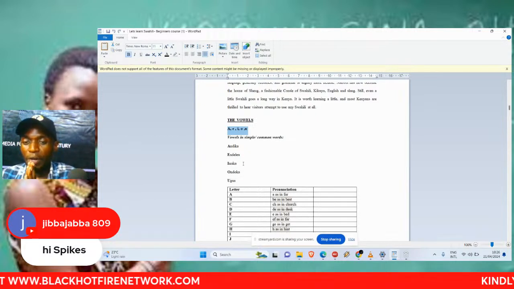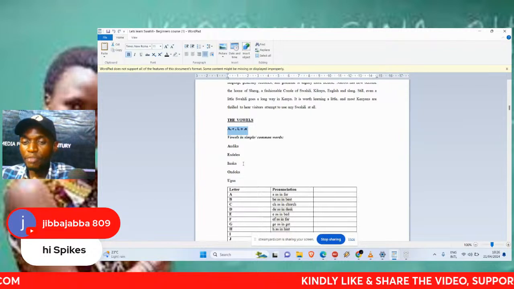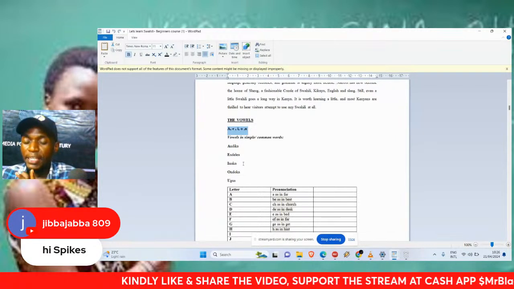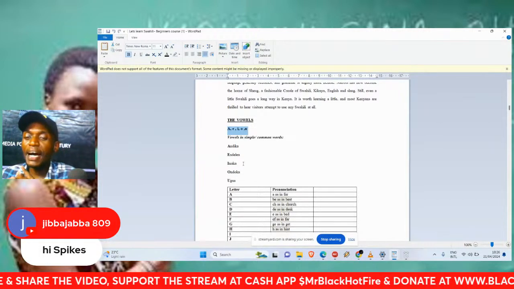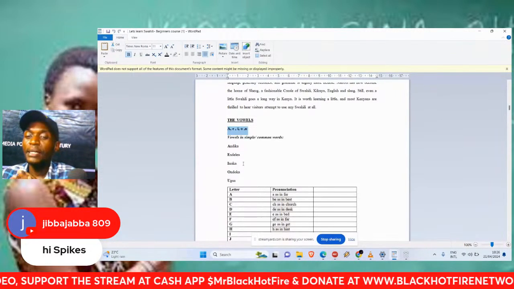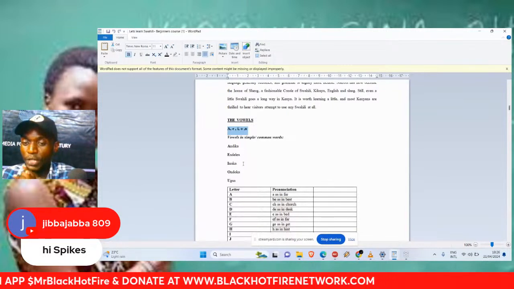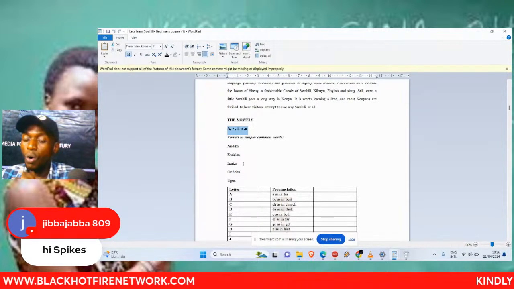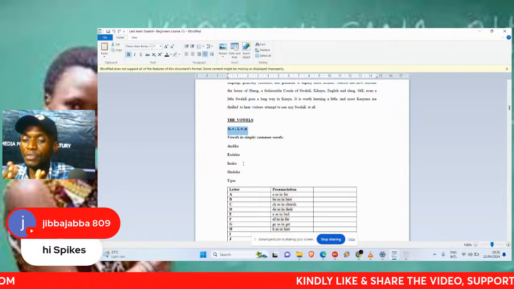So remember, we have the 5 vowels in Swahili: the English letter A for the Swahili vowel A, the English letter E for the Swahili vowel E, the English letter I for the Swahili vowel E, and the English letter O for the Swahili vowel O. It's pronounced as O, for example in the word ondoka, which means leave.